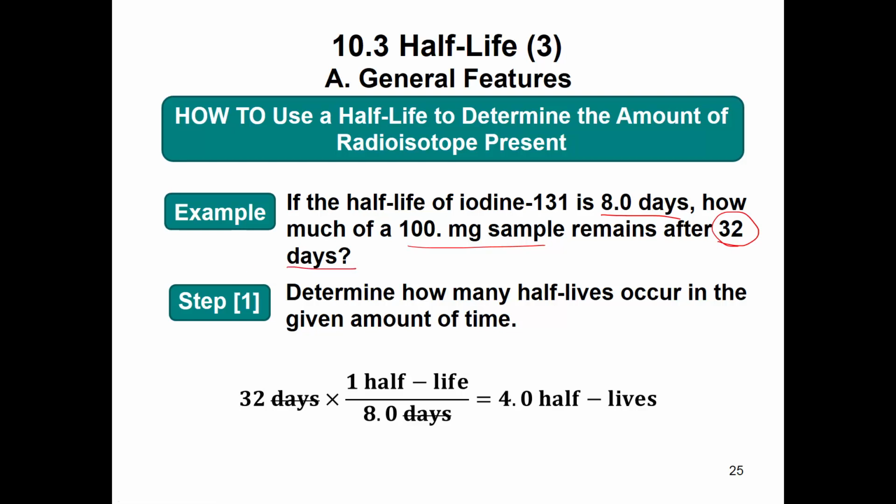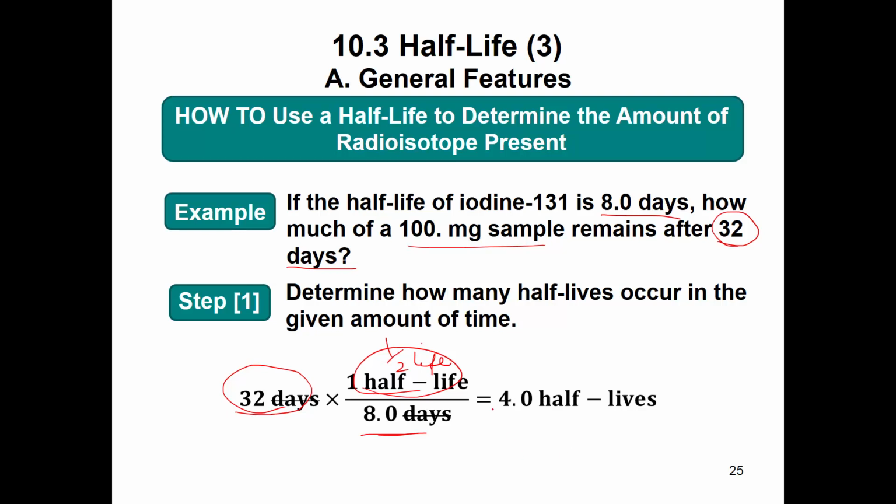Because it just halves every time, it takes a long time to get that out, even if it's just days. So you have 32 days, and there are 8 days in one half-life.